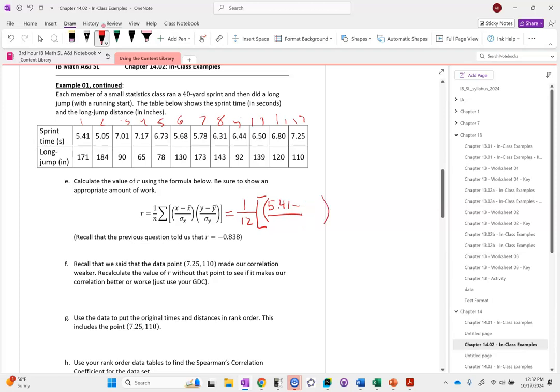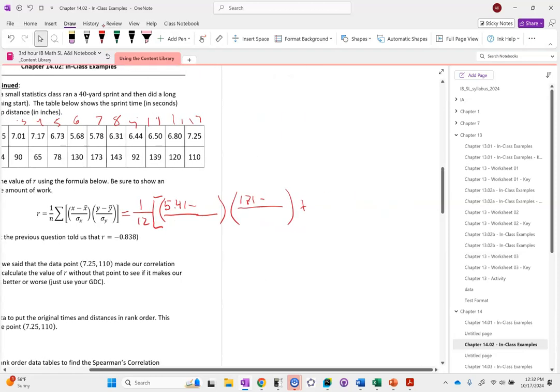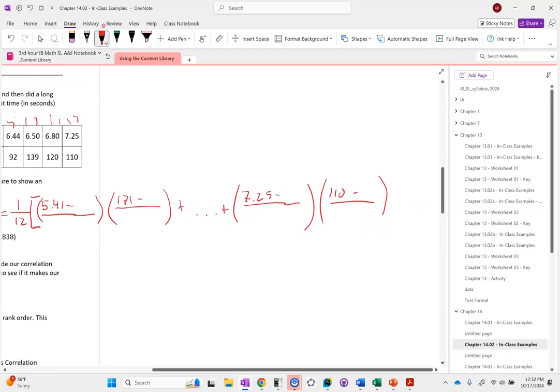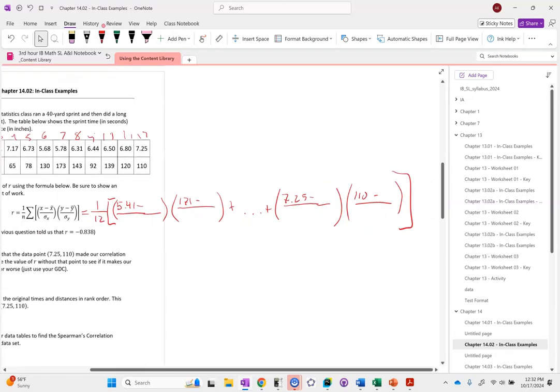I don't know my mean yet. I'll calculate that in a second. My first y is 171. I don't know my y mean or my y standard deviation yet. Everybody okay, kind of my setup here?